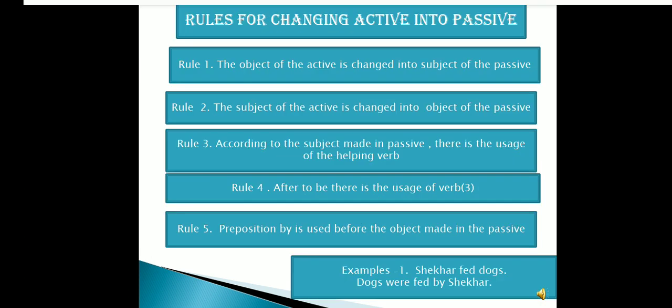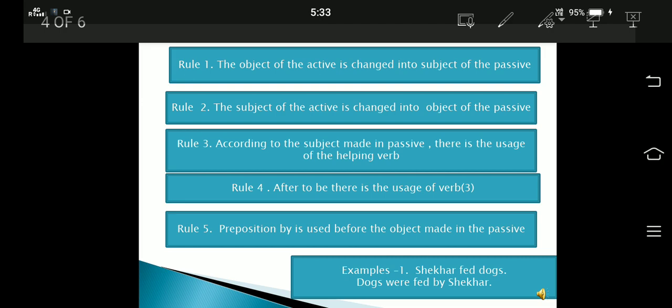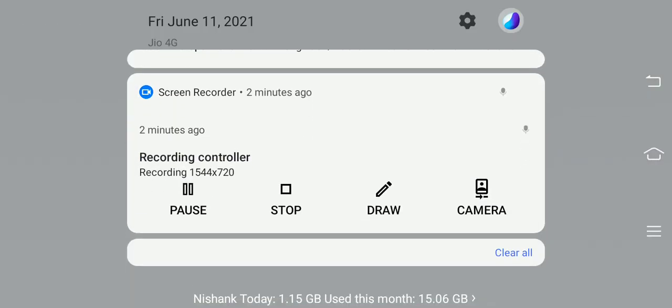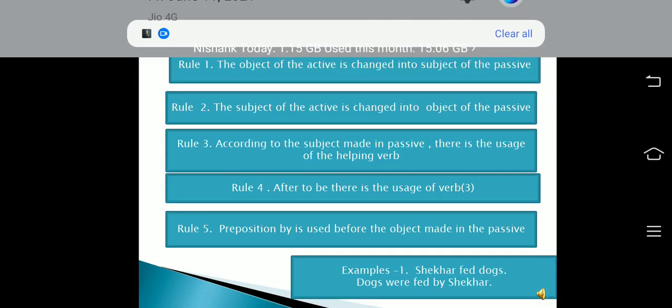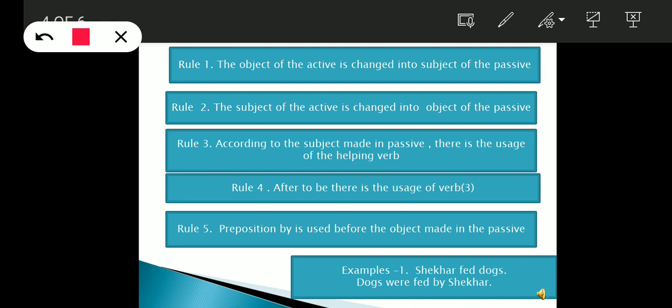Let's discuss the rules that we need to remember always when we have to change active into passive. First rule: the object of the active becomes the subject of the passive, and the subject of the active is changed into the object of the passive.